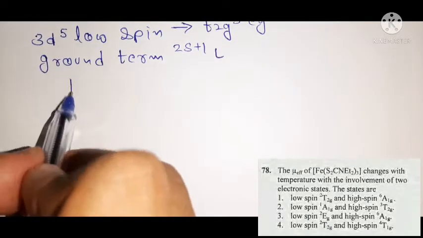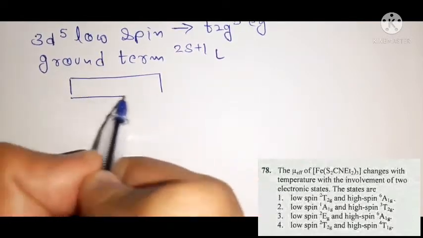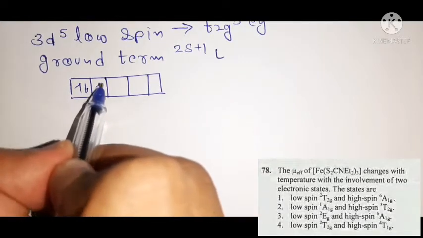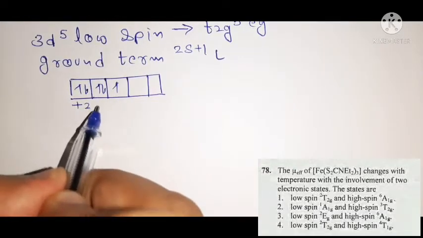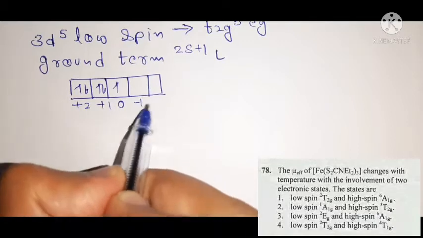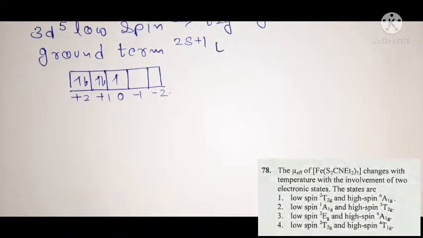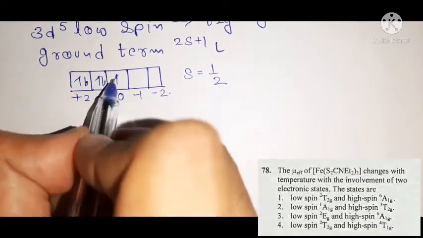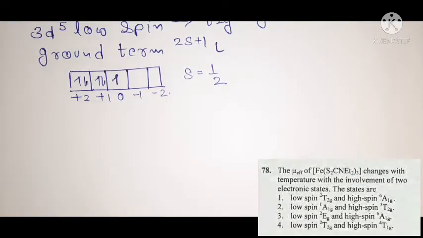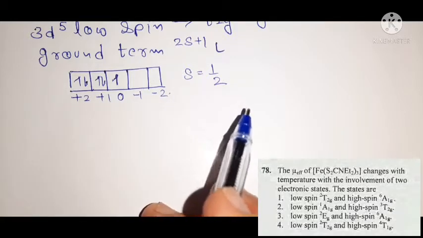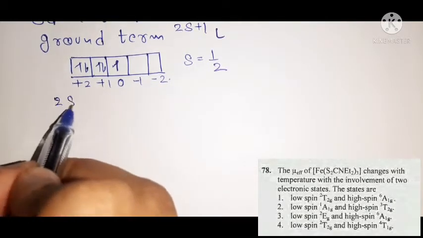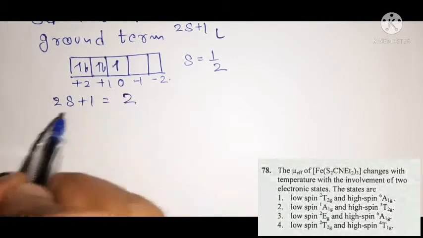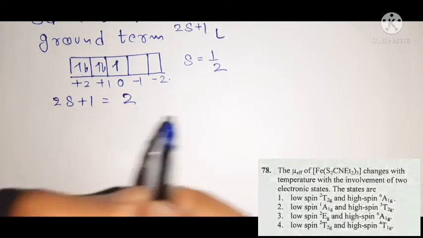So for 3d5 low spin state, this is the condition. So first of all, here the value of S will be half, because only a single unpaired electron is present, so S is equal to half. So the value of 2S plus 1 will be 2. Okay, the value of S is half, so half into 2 is 1, 1 plus 1 is 2.